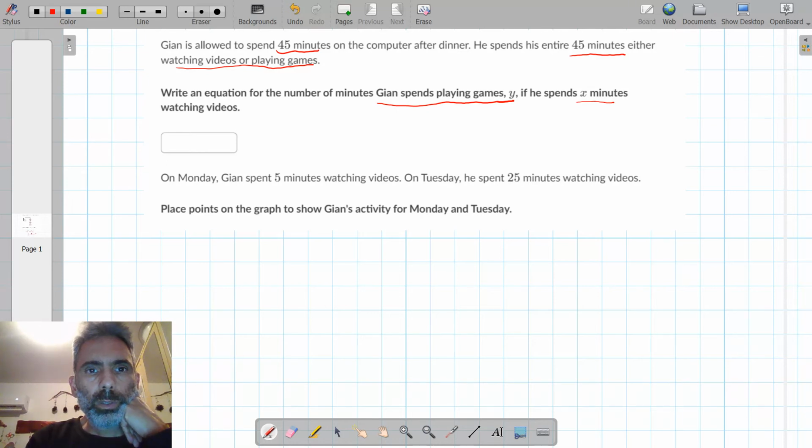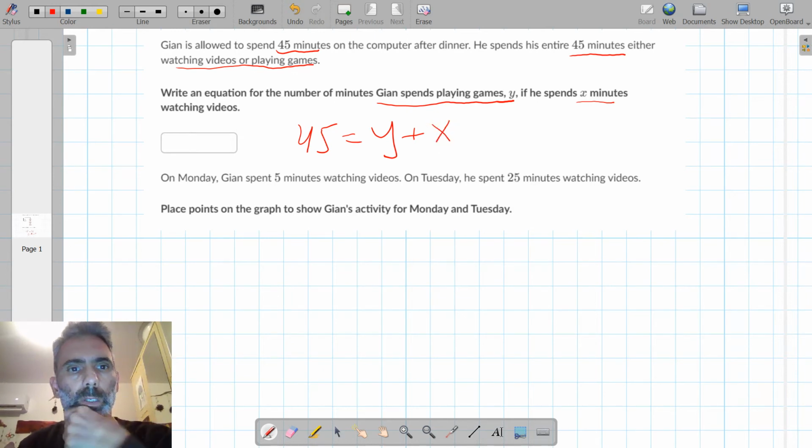So the total number of minutes that he's allowed to spend at the computer is 45, and this total amount of minutes is a combination of the number of minutes he spends playing games, which is y, plus the number of minutes he spends watching videos.